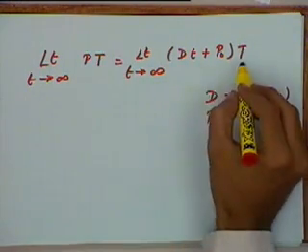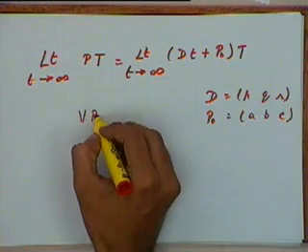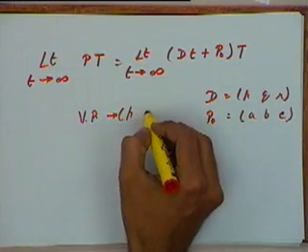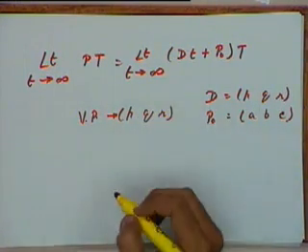This will give me a vanishing point in the direction of p q r.